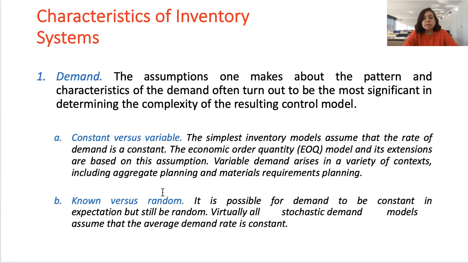The simplest inventory models assume that the rate of demand is constant. The economic order quantity model, the EOQ model, and its extensions are based on these assumptions. However, variable demand also arises in a variety of contexts, including aggregate planning and materials requirement planning.